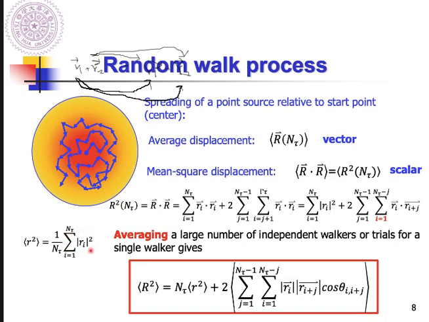So this one equals n tau times the mean square jump distance, and this one we just average it, so we put the average symbol here, and ri dot ri plus j. So we get ri times ri plus j times cosine theta, where theta is the angle between vector ri and vector ri plus j.